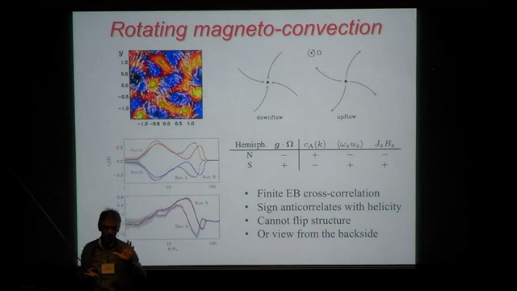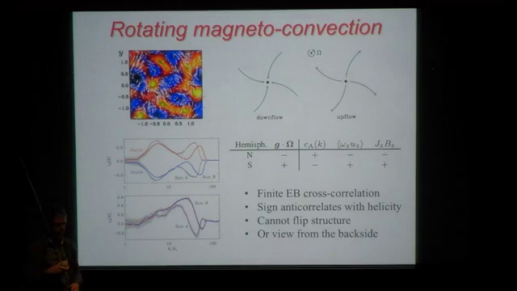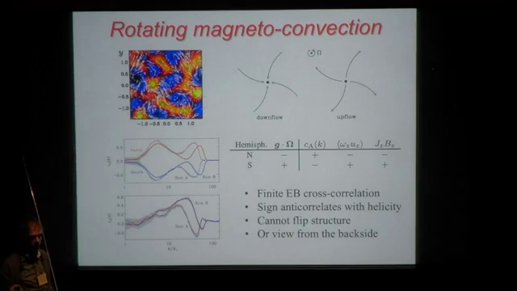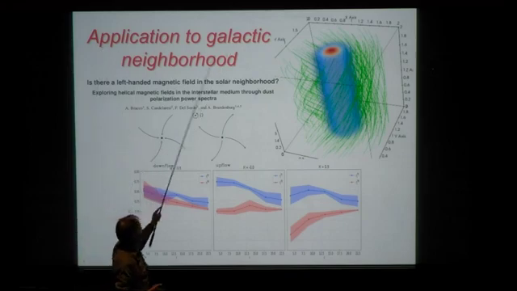Because homogeneous isotropic turbulence does not distinguish from which side you are seeing it. Whereas in convection, you are forced to look from the top. You can never look from the bottom. And so that is the reason why EB cross-polarization can actually be different from zero, but it does require violation of homogeneity.